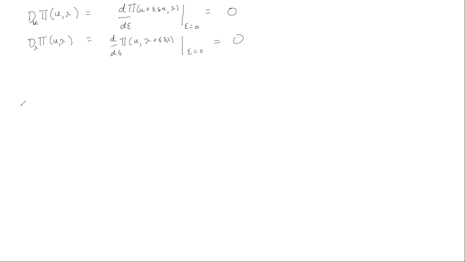So we end up with d pi of u is equal to 1/2 integral 0 to L of u plus epsilon delta u comma x.